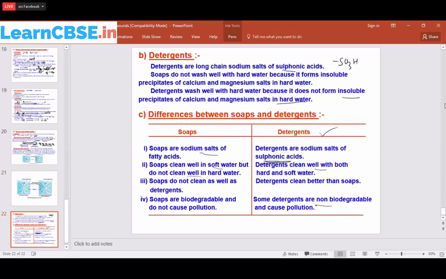Non-biodegradable means it persists on the earth for a longer time. For example, soaps can exist for 2 or 3 days, but detergents will exist for 1 year. If it exists for 1 year in the same molecular form, it may react with some other compounds and lead to other products. That's why we call it non-biodegradable, and definitely it will cause pollution to our earth.